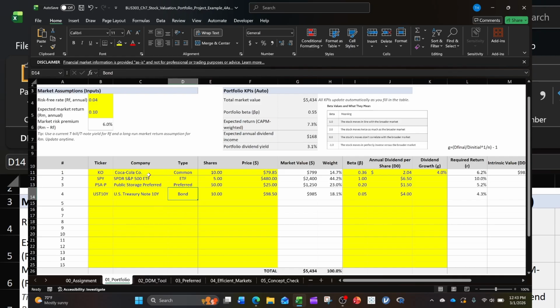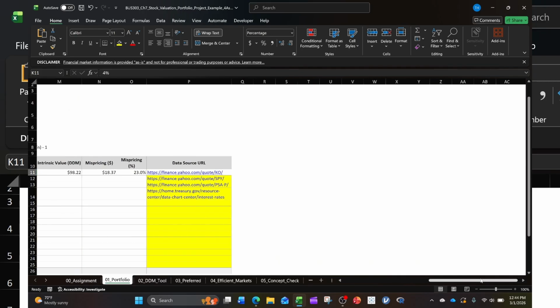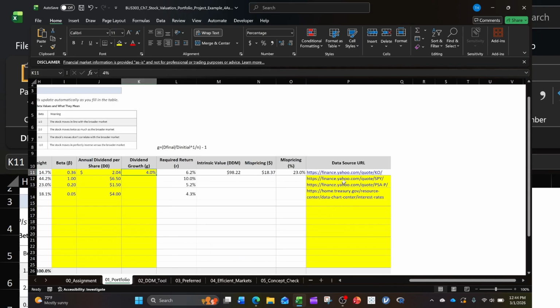For each one of these, I have the ticker, the company, the type, how many shares I want, the price of the share, the beta, the annual dividend per share, and for Coke, the dividend growth. We left off here last class, and of course you have to provide the source. I've provided the ones that I have here.